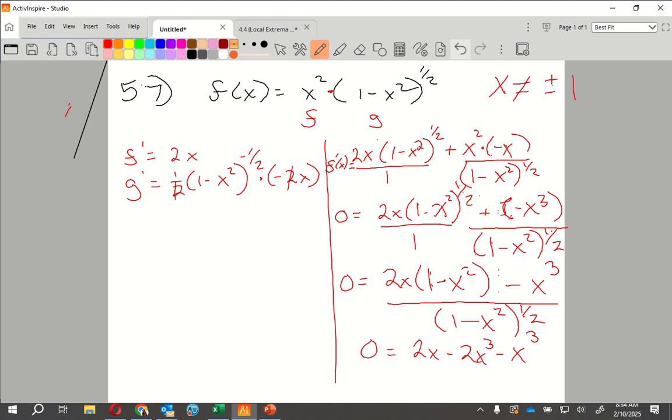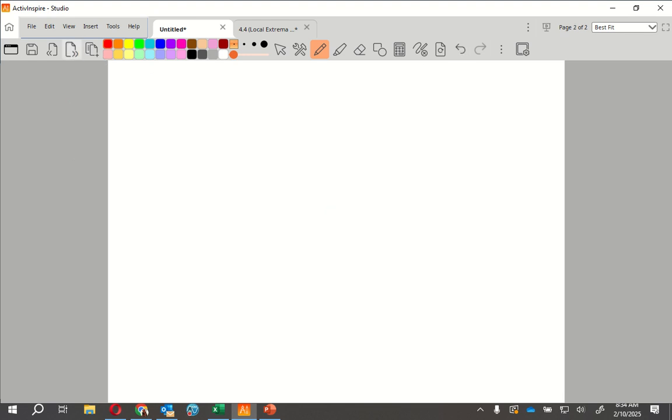Now, I'm going to go to another page because I hate bending over and being on the bottom of the page. So it is 0 equals 2x minus 2x cubed minus x cubed. So 0 equals 2x minus 3x cubed.